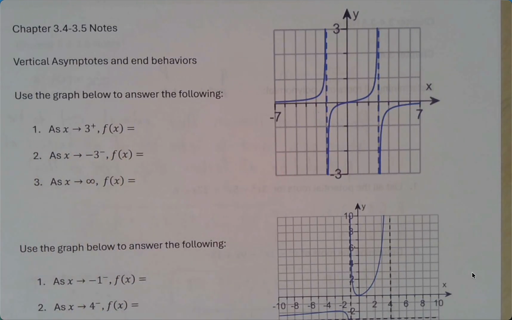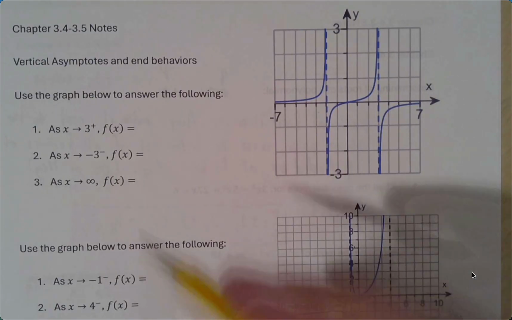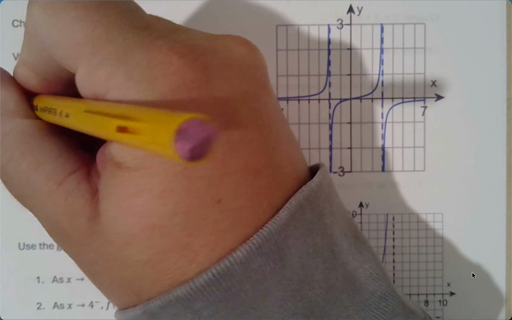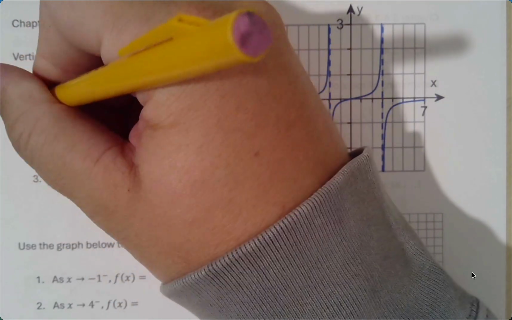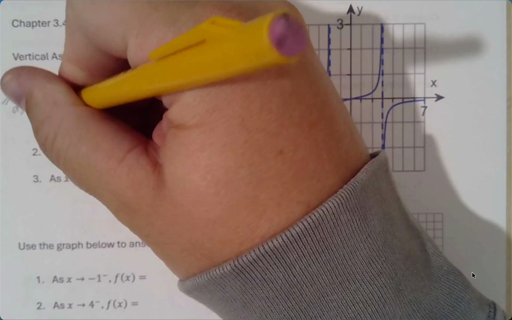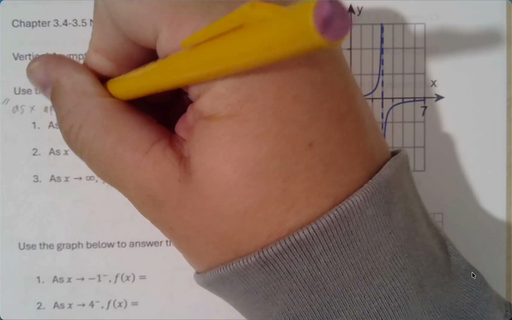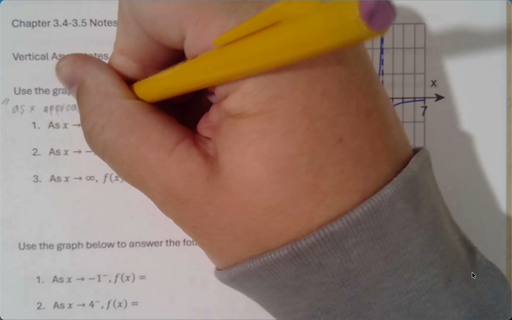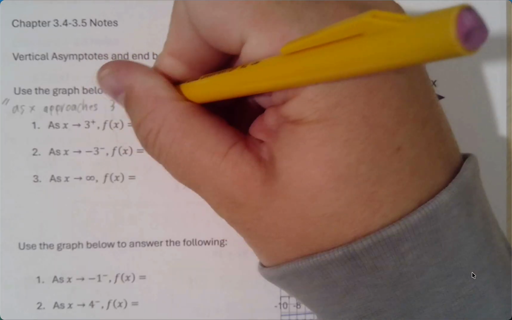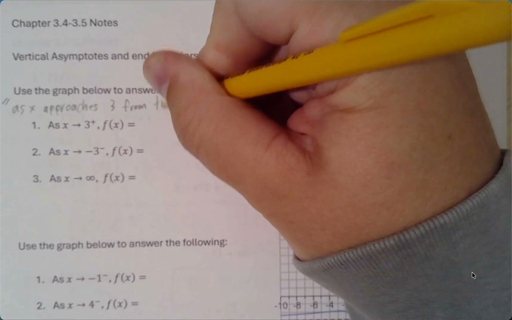First thing we're going to do for this number 1 is translate this into words. And we're going to use just that little bit of space we have above that question 1. So what this is saying is, as x approaches, that's what that arrow means, 3 from the right.